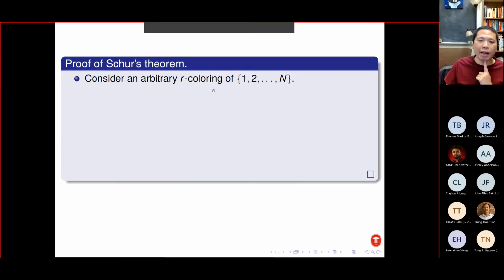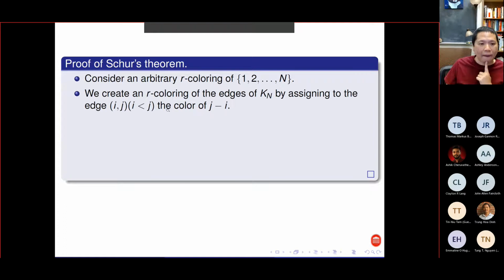So if I have a coloring of these numbers, then I can create a coloring of a graph. My graph is the complete graph on n vertices. And I give the edge ij, where i is less than j, the color of the number j minus i.